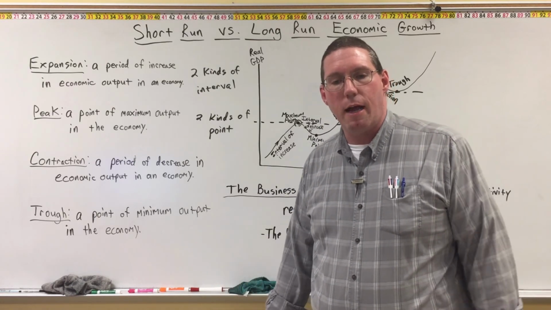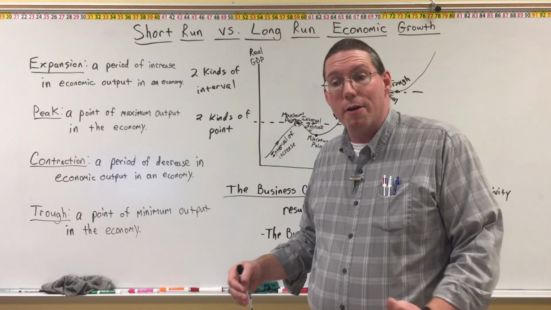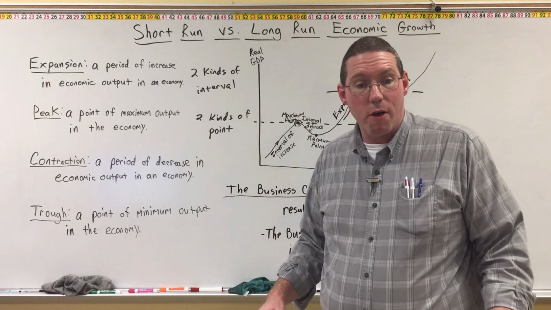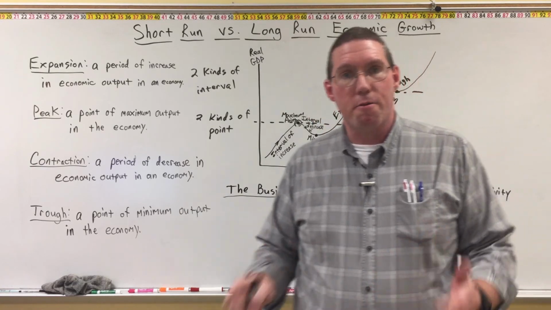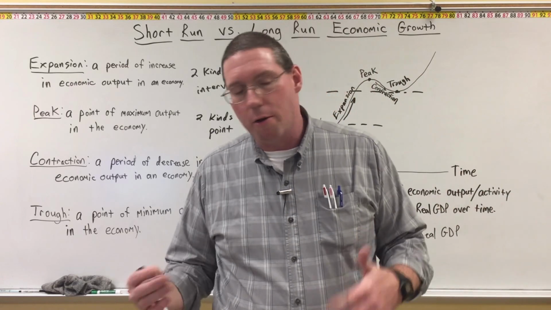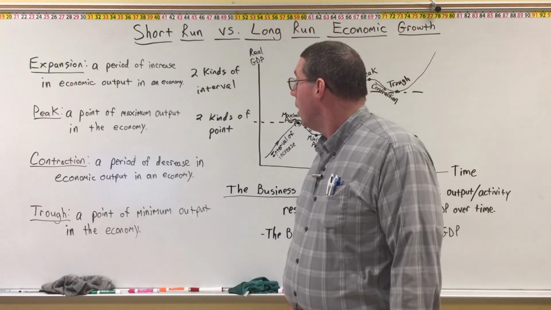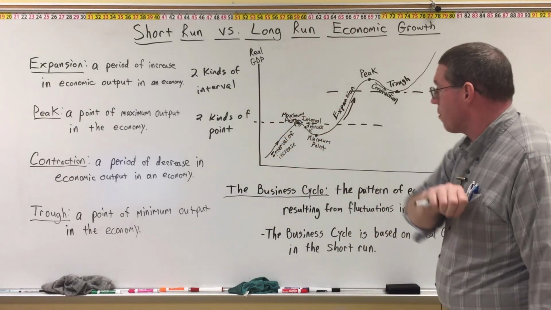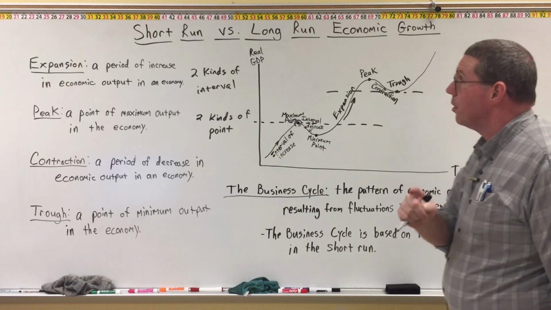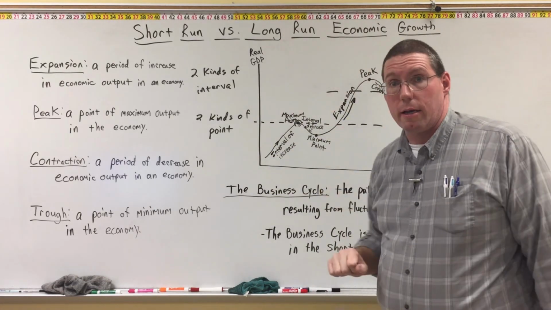So even if I'm in an economic contraction, but if I still have more stuff, if I'm still doing better now than I was 10 years ago, then the contraction today is still better than the expansion 10 years ago. And I know that that's weird to think about, and I'm sure a lot of people will disagree with that. But it's very important for you to understand the business cycle and the different parts of a business cycle. And what we're now going to do is we're going to move on to discussing long-run economic growth.